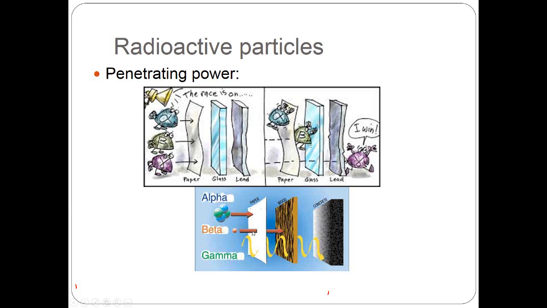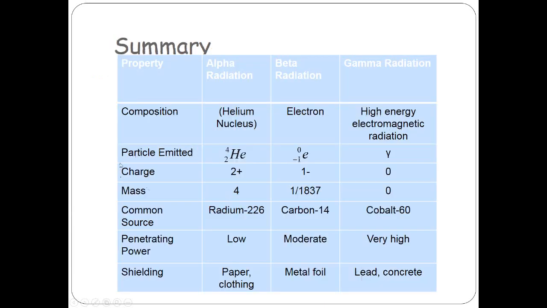Beta particles can go through paper, but not through a thicker substance like wood. But gamma radiation is extremely high energy, so it can easily go through paper and easily go through wood. It can only be stopped by fairly thick concrete or lead. So gamma particles by far have the most energy and the most penetrating power.